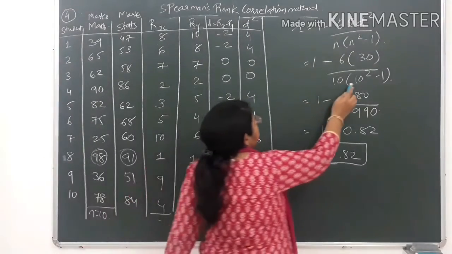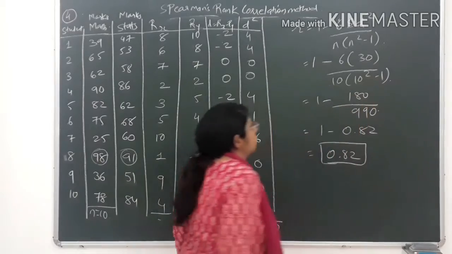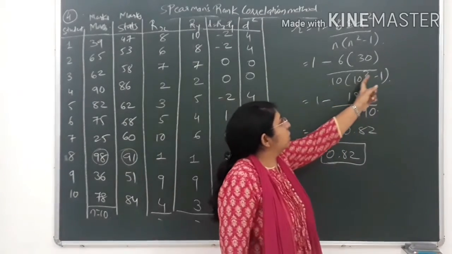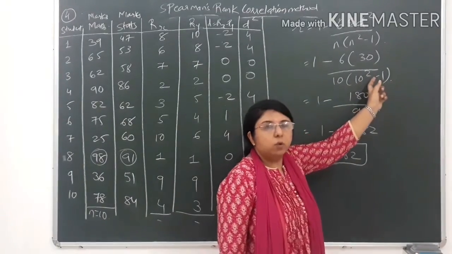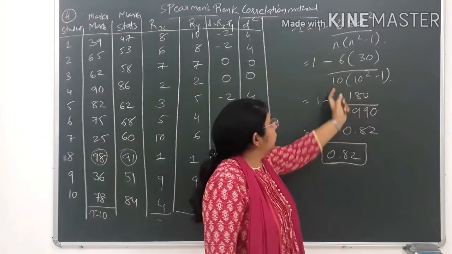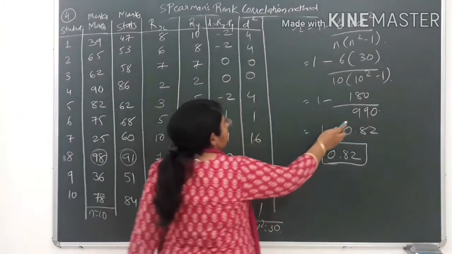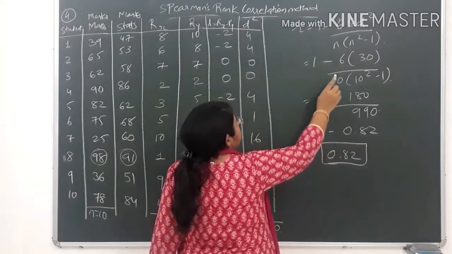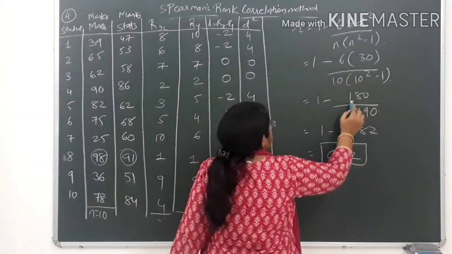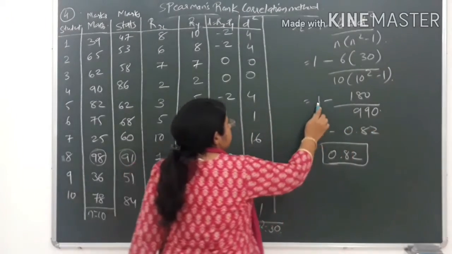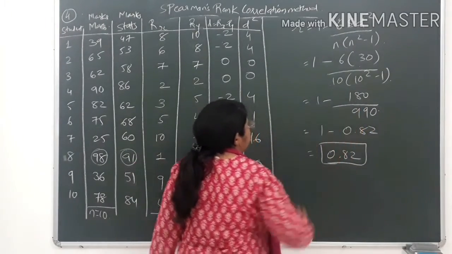So 10 into 10 square minus 1. 10 square means 100, so 100 minus 1 would come to 99. 99 into 10 would come to 990. So in the denominator it would come to 990, and in the numerator 6 into 30, that is 180. So 1 minus 180 upon 990.